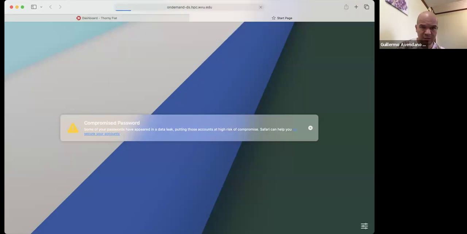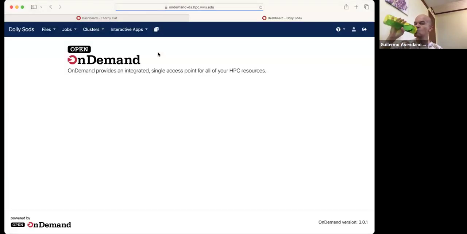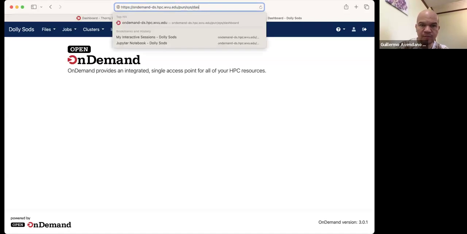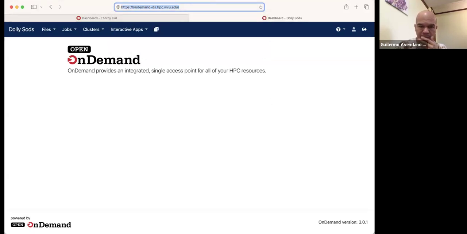But just in case, when we move to the deep learning stuff, if the GPUs are too busy on Thorny, we could eventually want to use Dolly. So this is the link for Dolly. Okay, so that's the first part.